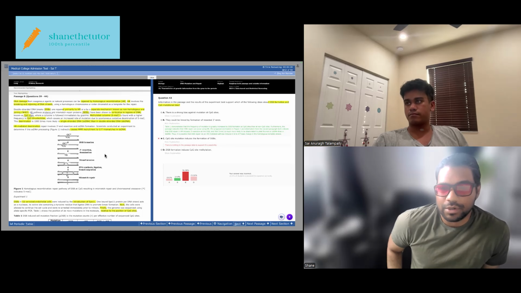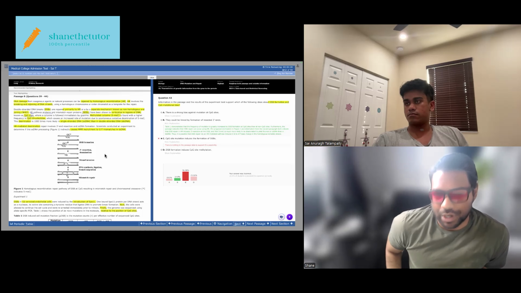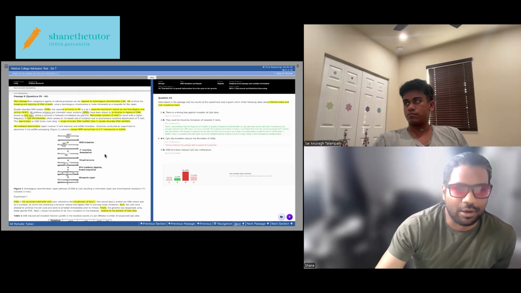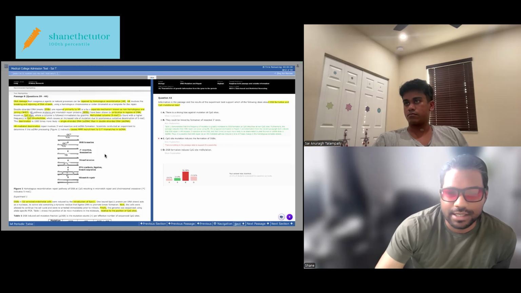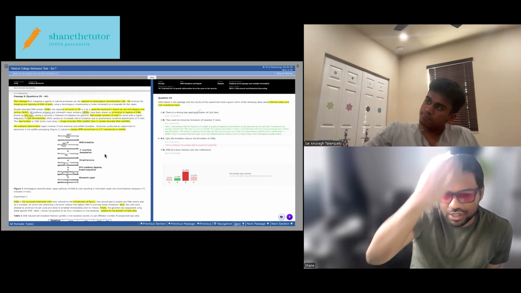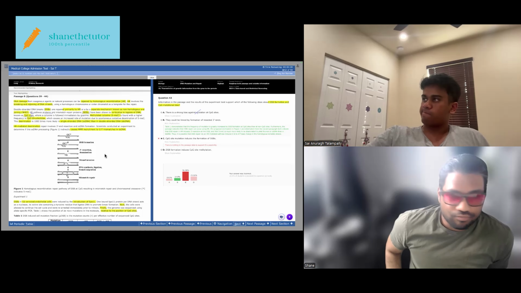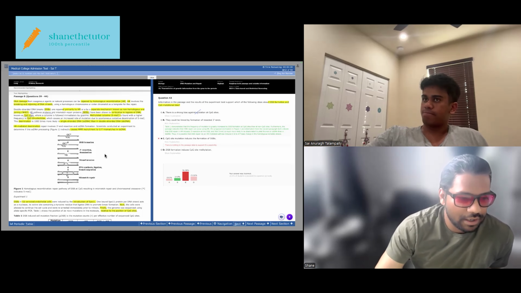Okay. Since B is worded pretty strangely, I would do it like this. A says strong bias against mutation at CpG sites. We know that's the opposite. C says CpG site mutation induces the formation of double strand breaks. Doesn't say that anywhere.